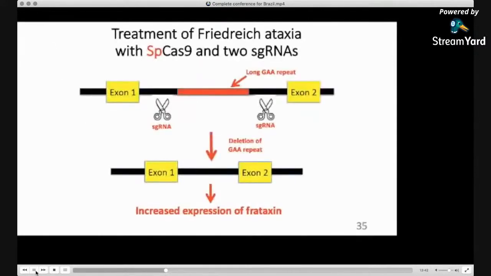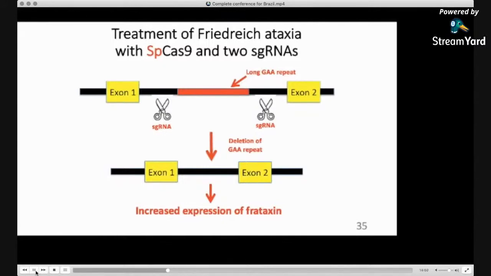We have initially used the CRISPR-Cas9 technology to develop a treatment for Friedreich ataxia. It is a hereditary disease due to the presence of a long trinucleotide repeat, GAA, in intron 1 of the frataxin gene.